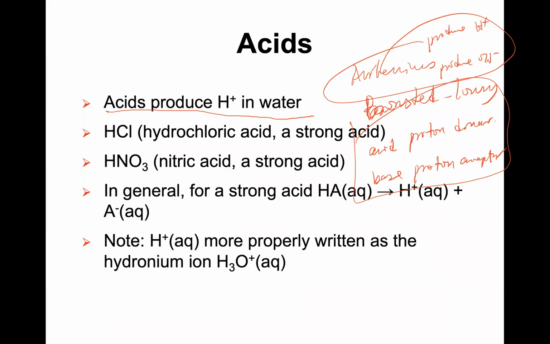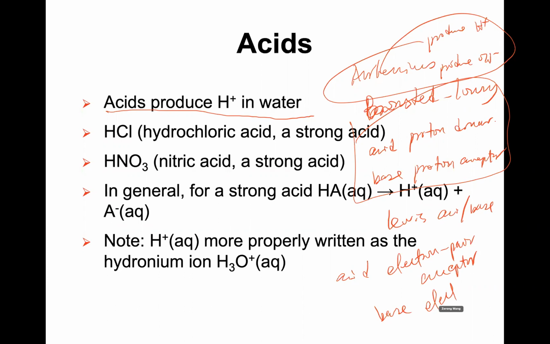Then a larger, broader definition of acid-base is the Lewis acid-base. In this case, the acid is an electron pair acceptor, and the base is an electron pair donor.